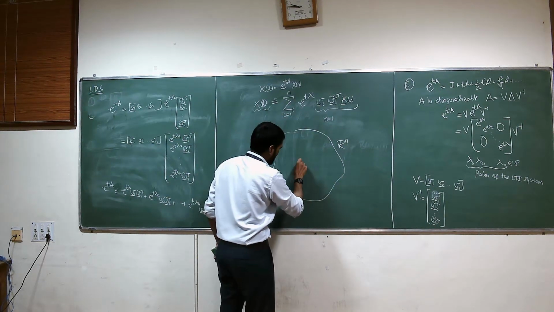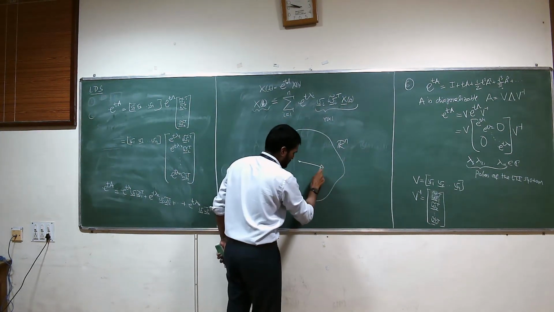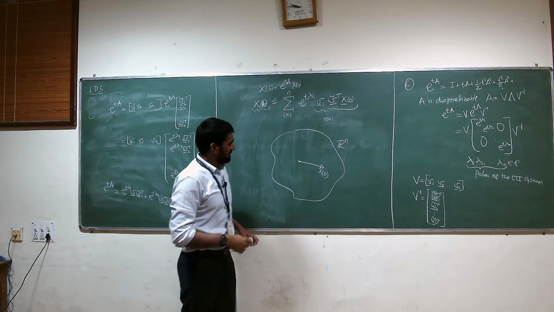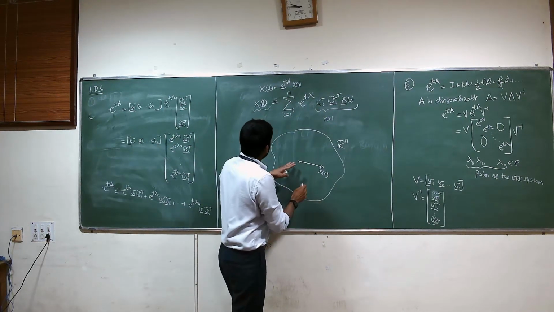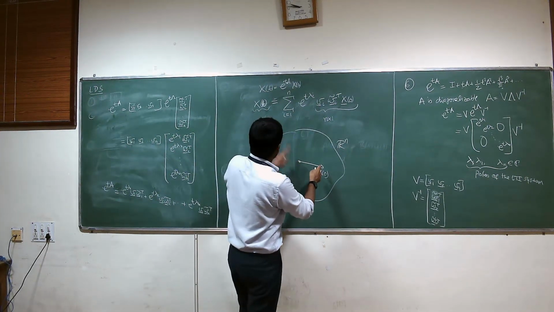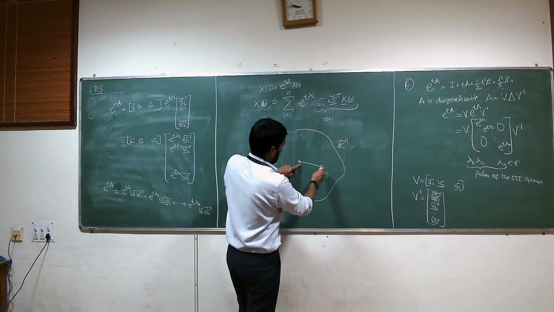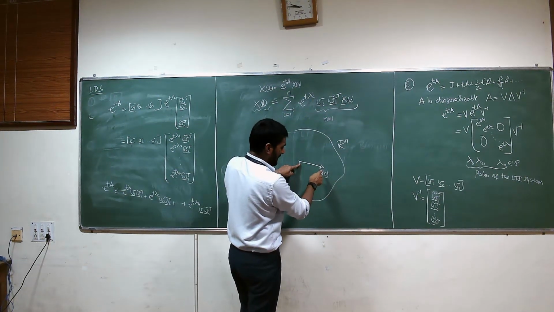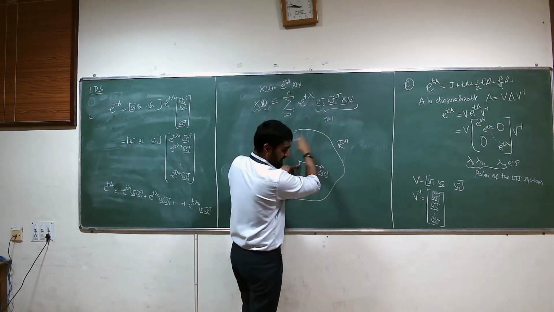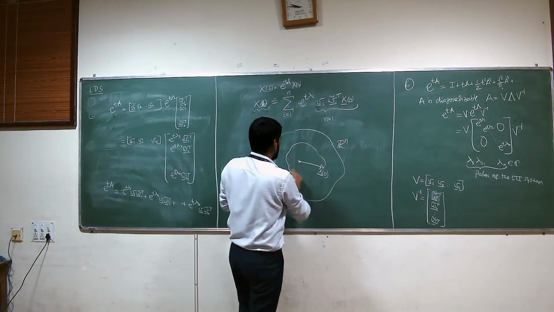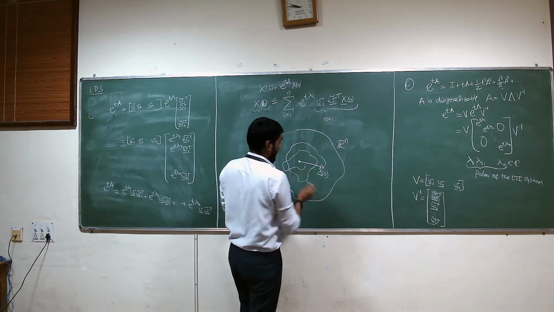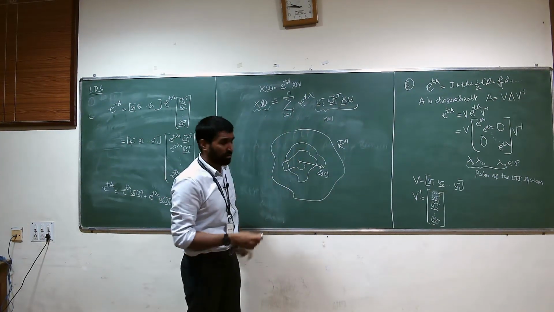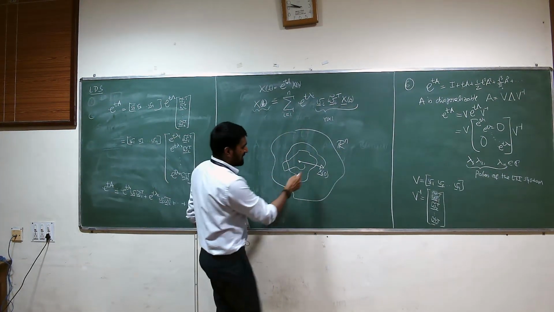So if this is Rn, let's say this is your x of 0. If you simply track the tip of the state vector x at different points in time, maybe it has a trajectory like this. I'm just drawing an arbitrary trajectory.